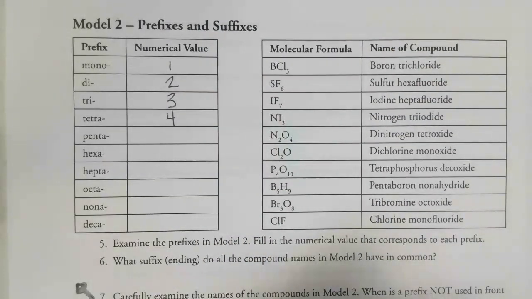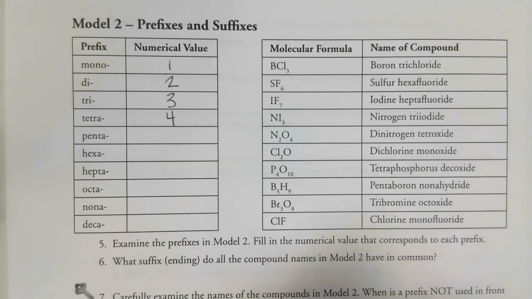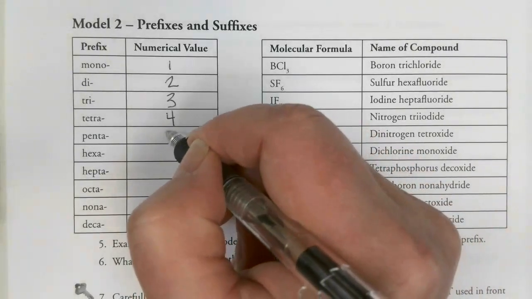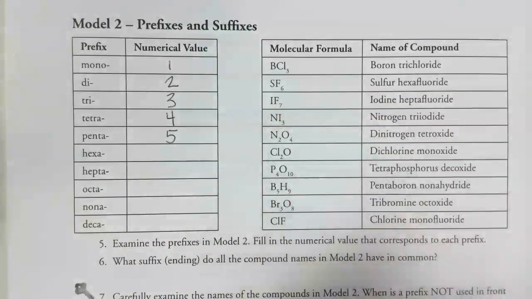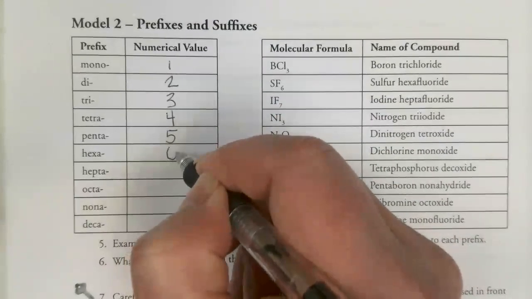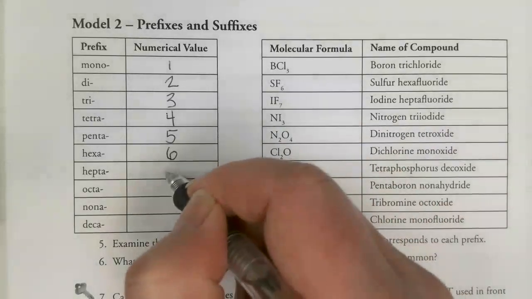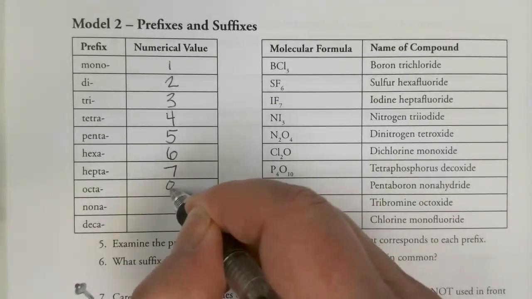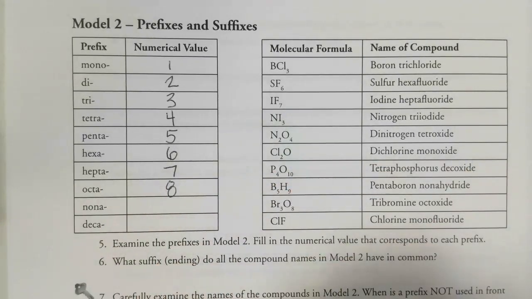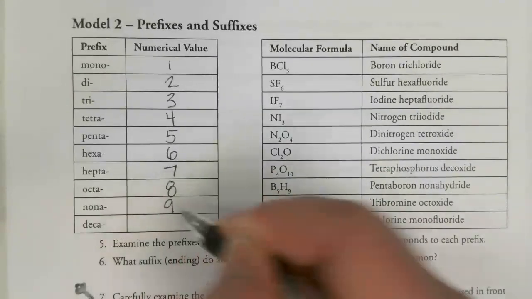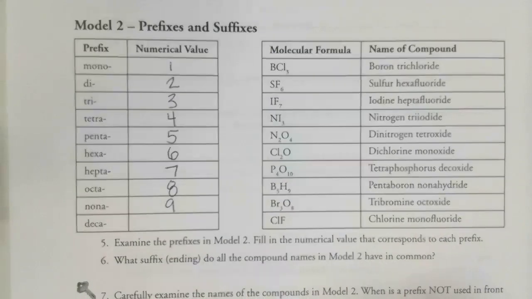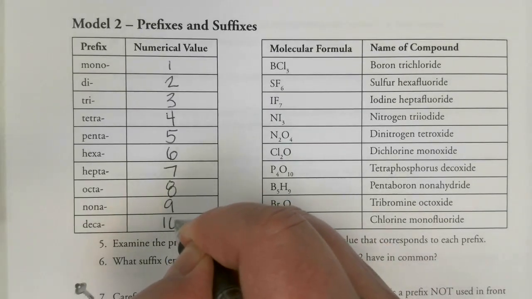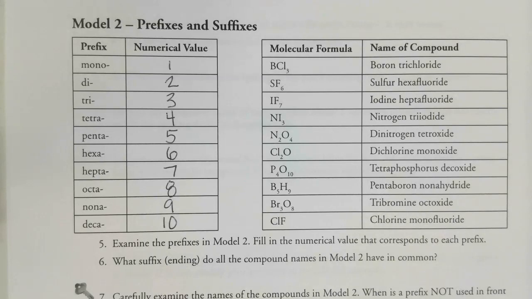We kind of think quad, but no, it's tetra, like Tetris. 5 is penta, like the pentagon. 6 is hexa, like a hexagon. 7 is hepta. 8 is octa. 9 is nona. And 10 is deca. And it's not the same as deca in the metric system. This one's spelled with a C, deca.